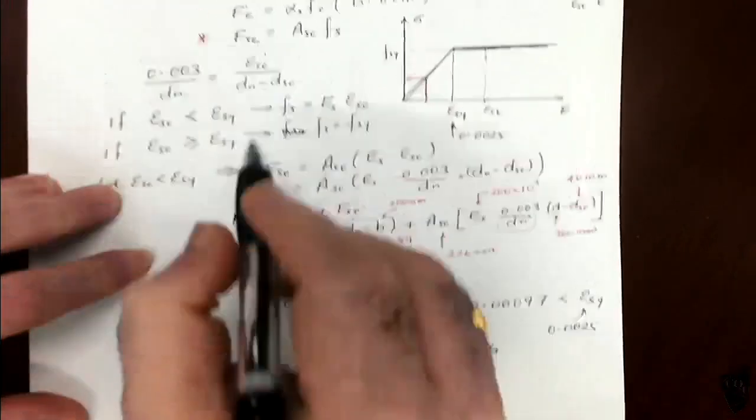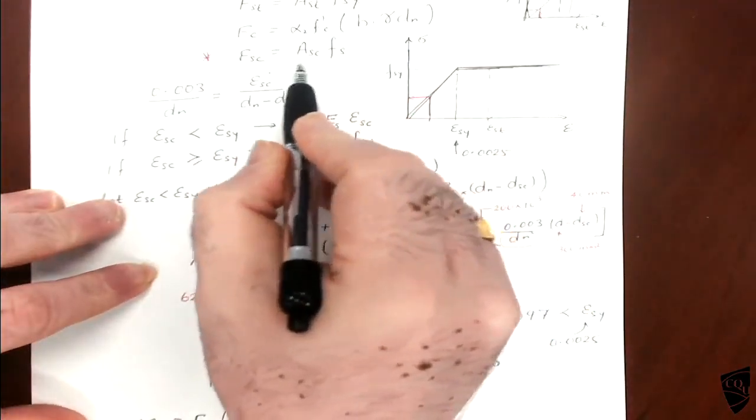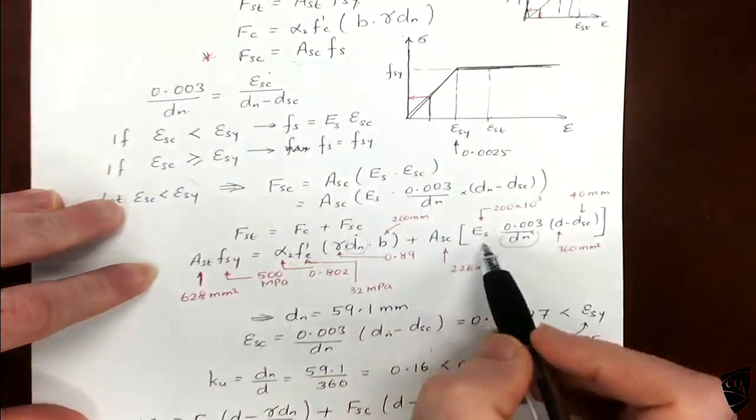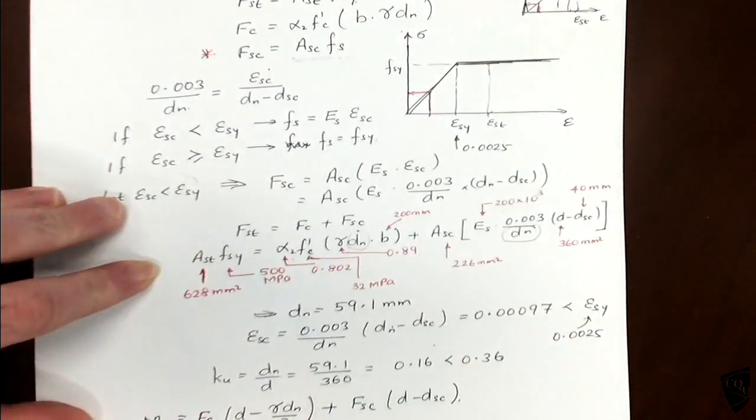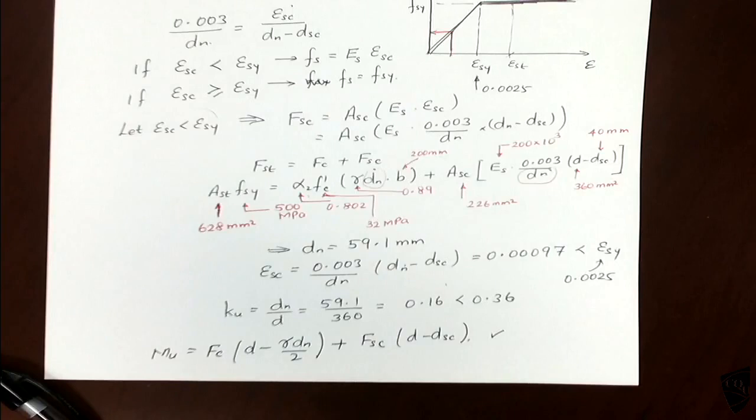You know the Fst value, you know the Fsc value, because now you have the dn, so you should be able to get the Mu value. This is how we calculate the moment capacity for a doubly reinforced section.